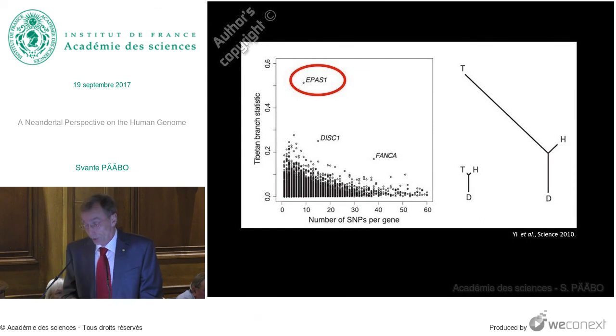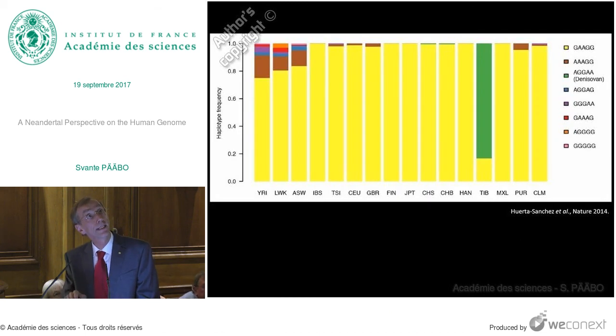And it was also already known that one of the major adaptations is a variant in this gene called EPAS1 that has to do with how much oxygen you can absorb without changing the number of red blood cells in your blood. It's very frequent in Tibetans, like 80%, hardly seen anywhere else.